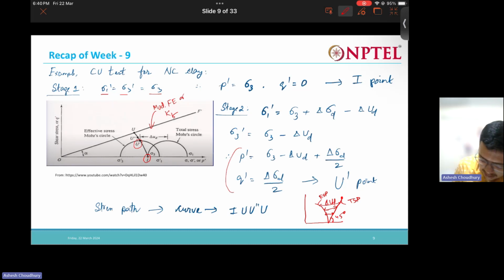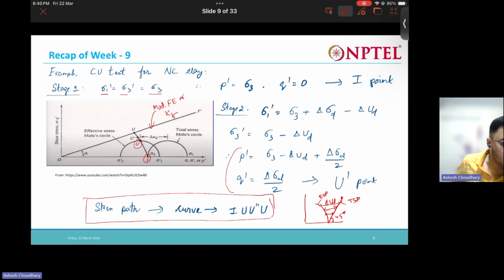You get that right? So the stress path is curved. This is the effective stress path in case of our CU test.